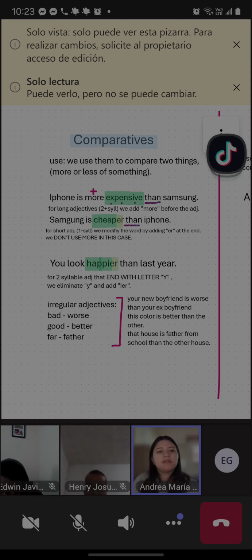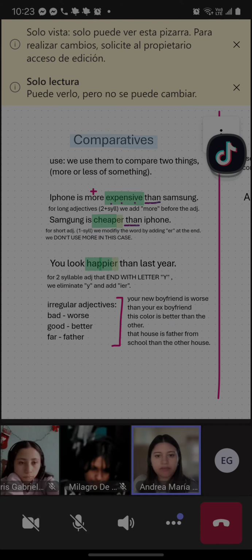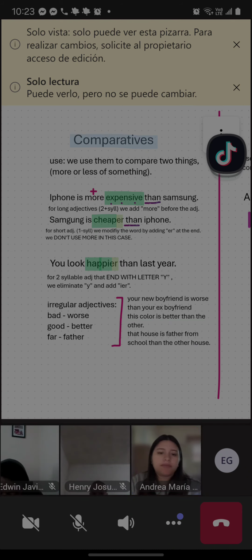She is simply the best. Or for example, the whale is the biggest animal on Earth. Is this true? Yes, right? Yes, teacher.